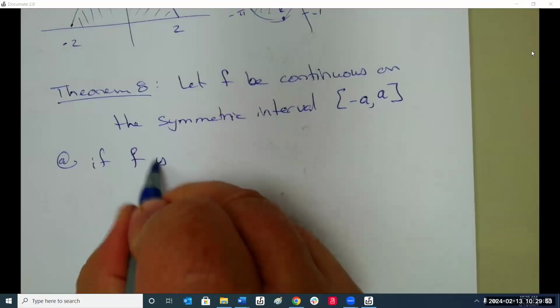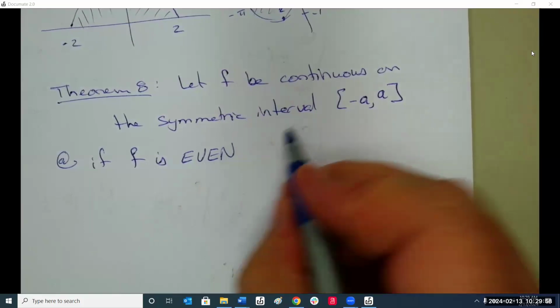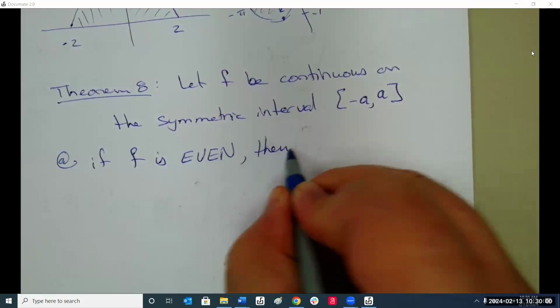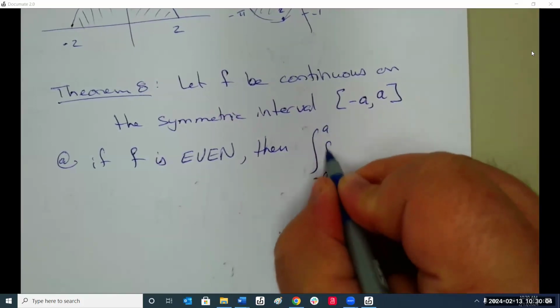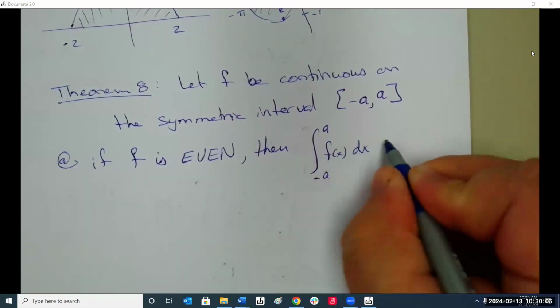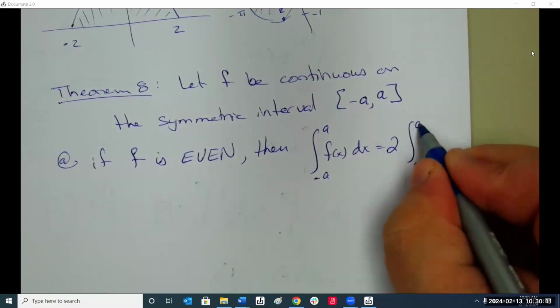If f is even, then the integral from negative a to a of f of x dx is equal to 2 times half that integral.